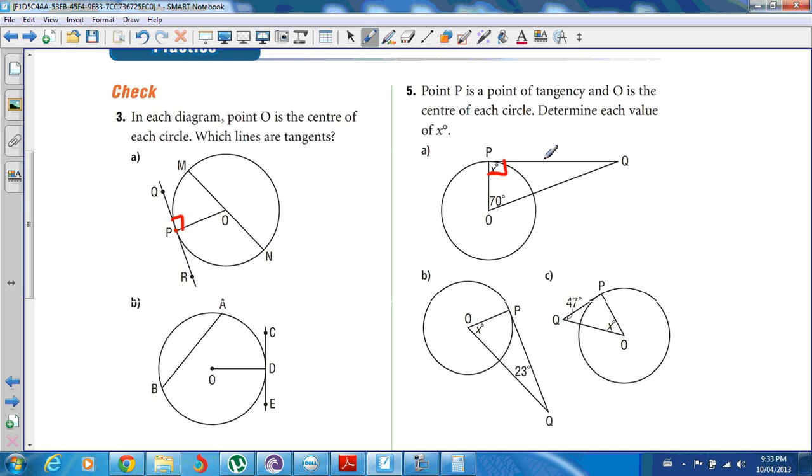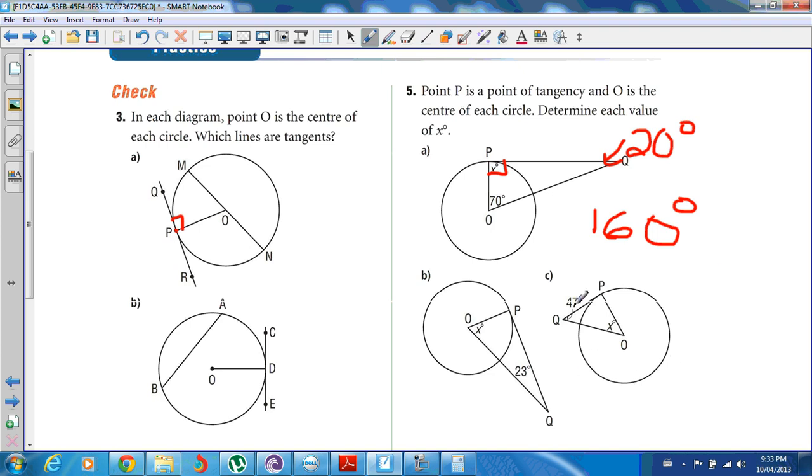So if we look at this one here, this is 90 degrees, this is 70. Altogether with two of these, that's 160. So if we wanted to guess what the third angle right here is, well, it's got to add up to 180, so 20 more. So this angle will be 20 degrees.